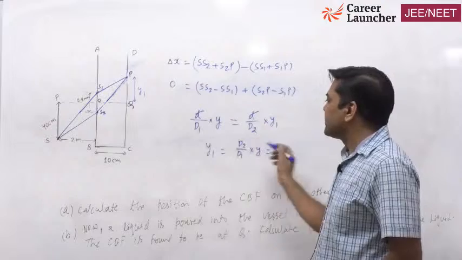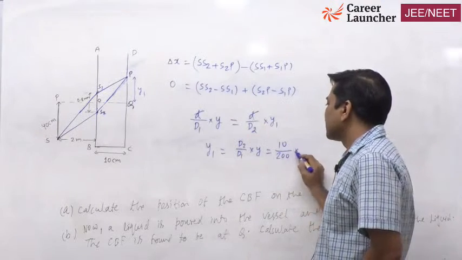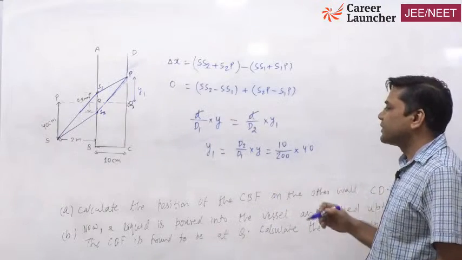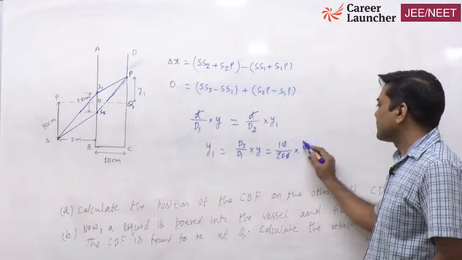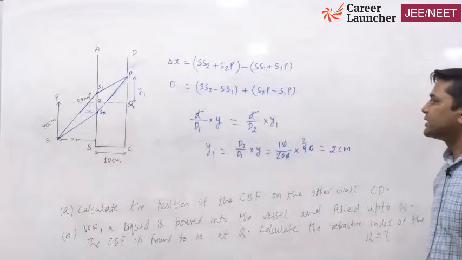So D2 will be 10 by D1 is 200 into Y is 40. Now everything is in terms of centimeter. You can calculate here 2 centimeter. The position is found to be 2 centimeter.